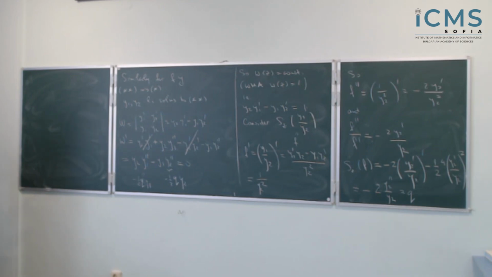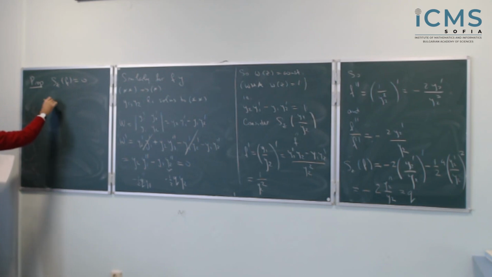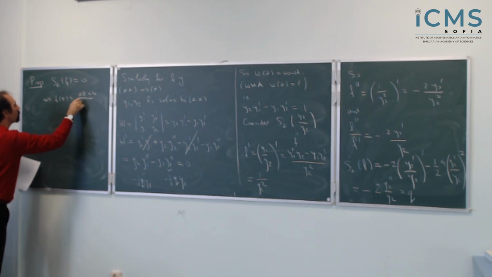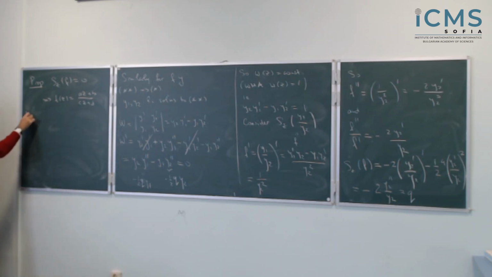First of all, we get another proof that the functions that are annihilated by the Schwarzian are precisely the fractional linear ones.